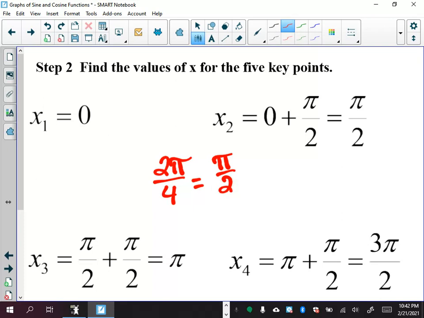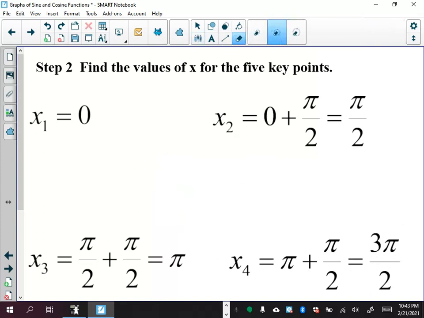So we're starting at 0 because we're not adding or subtracting. We don't have any phase shifting yet, so we're starting at 0. And then I'm going to add pi over 2 to that, and I get this. And then that's our first x value after 0. Our second x value is the pi. Our next one is this as another pi over 2, which gives me 3 pi over 2. And then we're ending at 2 pi.